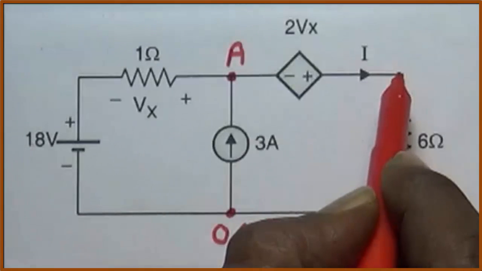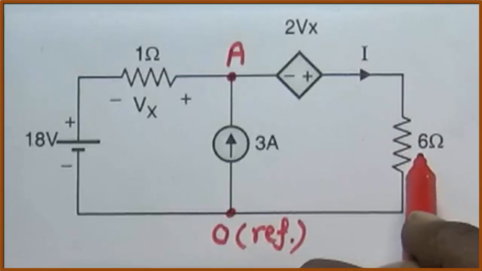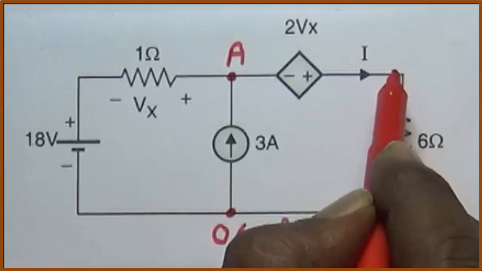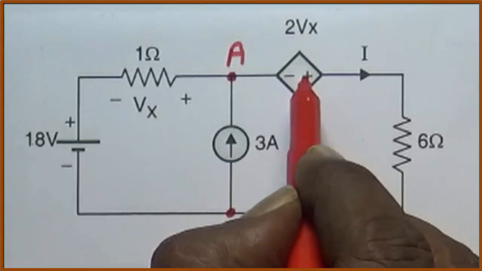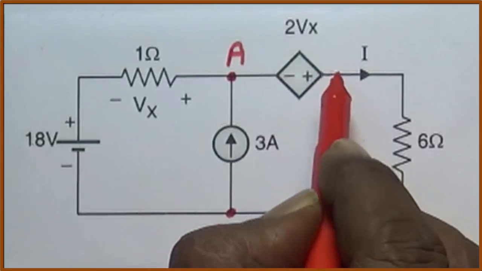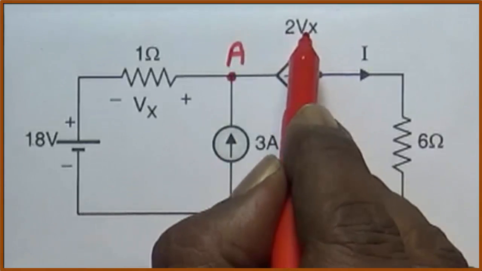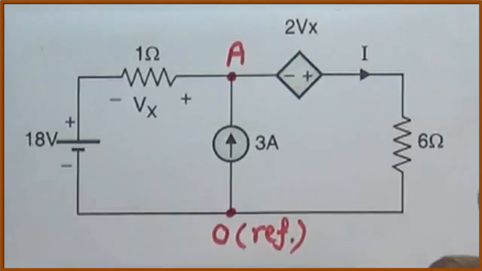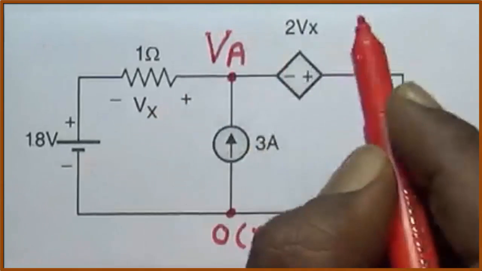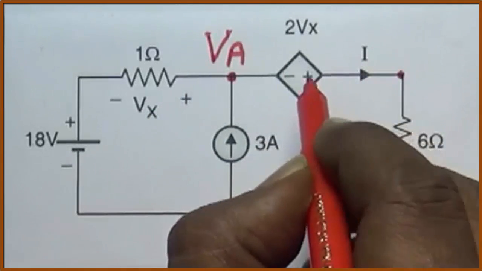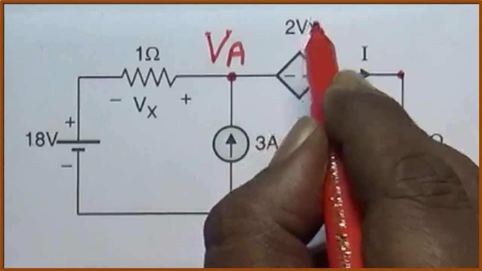Now consider this point, which is a junction of this controlled voltage source and the 6 ohm resistor. The positive sign on this voltage source indicates that the voltage at this point is greater than this voltage by an amount of 2Vx. If the voltage at point A is VA, then the voltage at this point will be greater than VA by an amount of 2Vx.